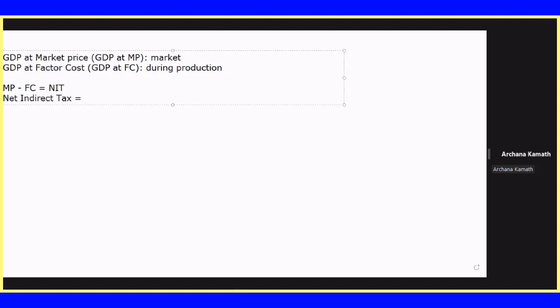What is net indirect tax? You are adding indirect taxes to the commodity's value, and at the same time the government gives some financial assistance while you are producing some commodities in the form of subsidies. The difference between indirect tax and subsidies is net indirect tax. So market price includes this net indirect tax and factor cost excludes net indirect tax.